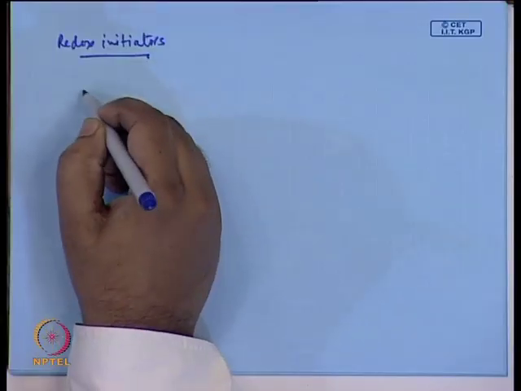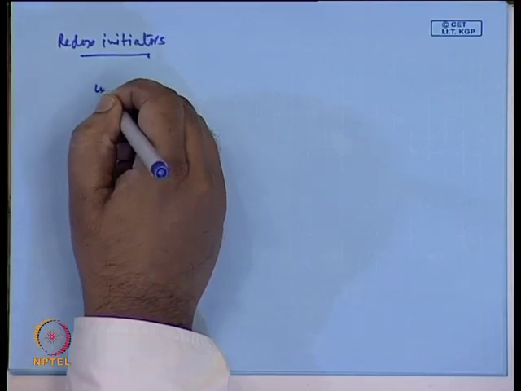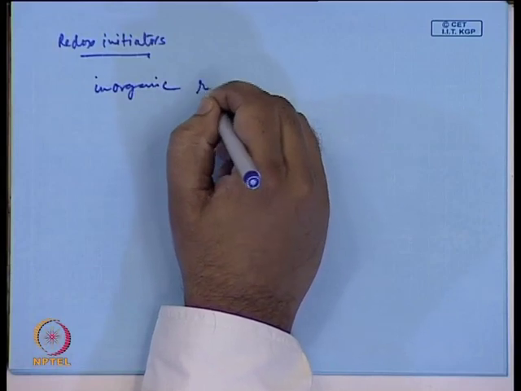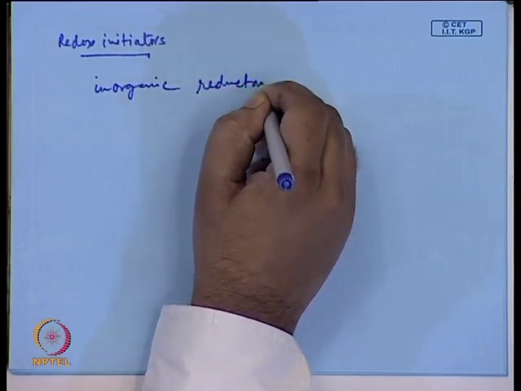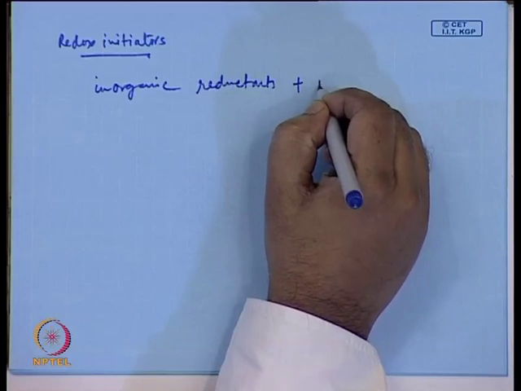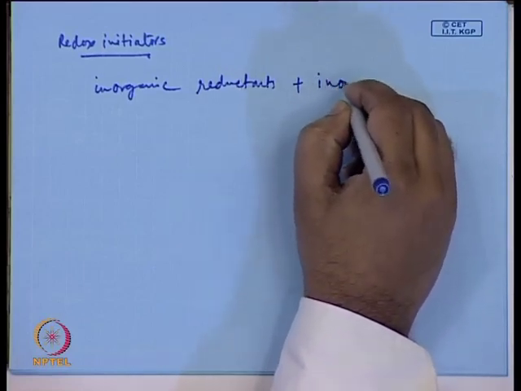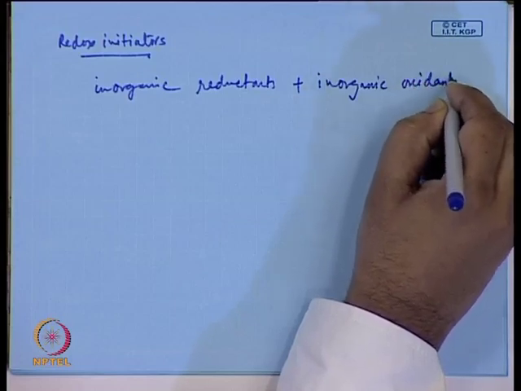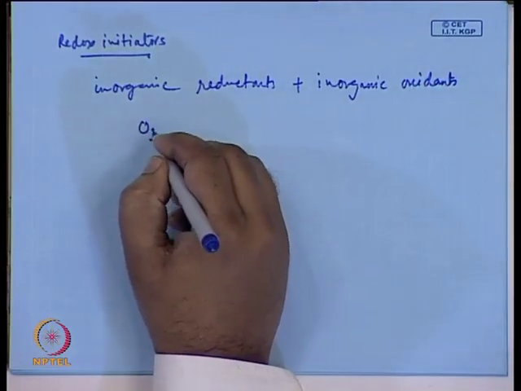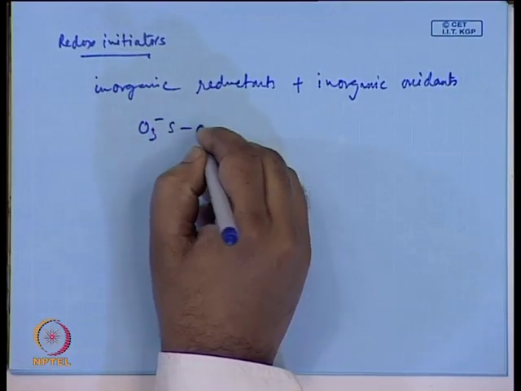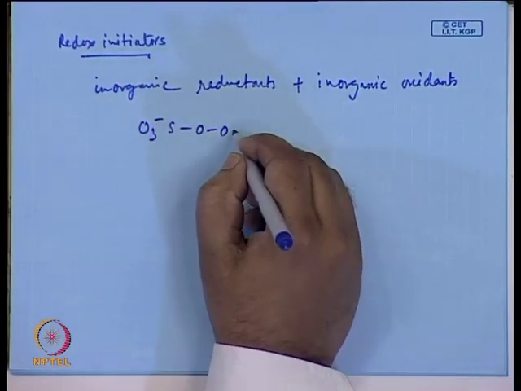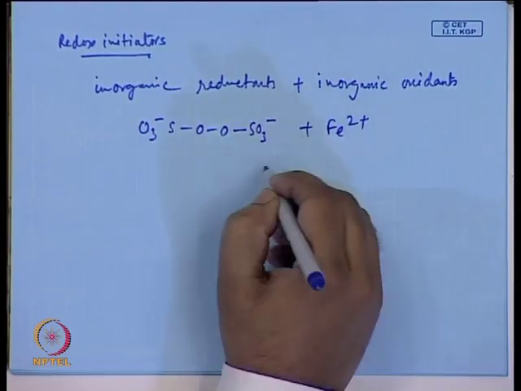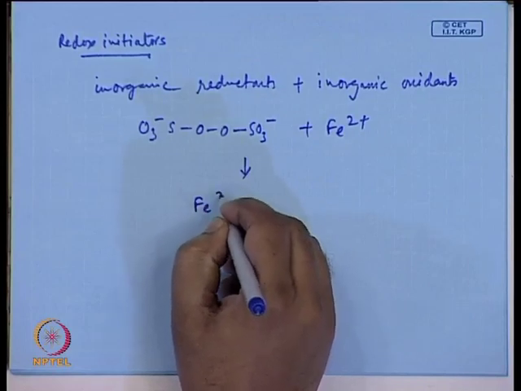The third type of redox initiator could be inorganic reductants plus inorganic oxidants. Which gives rise to radicals.